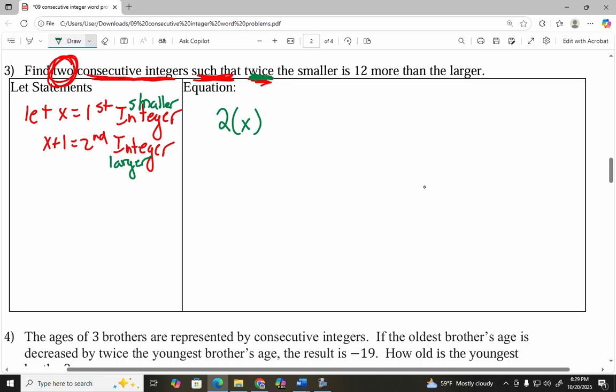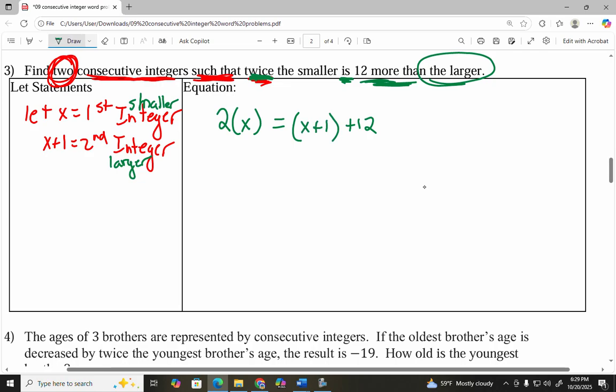So it says twice the smaller is. Is an important word. It stands for equals. Twice the smaller is 12 more than the larger. Remember that 12 more than means I'm adding 12 onto something. What am I adding 12 onto? The larger. The larger one, remember, was x plus 1. So here I go.